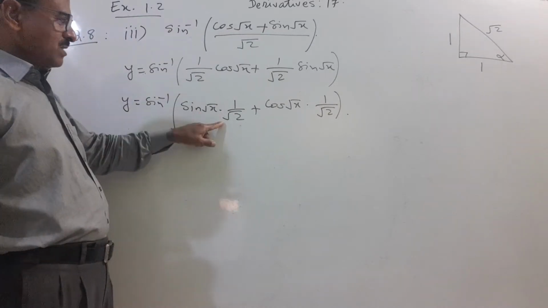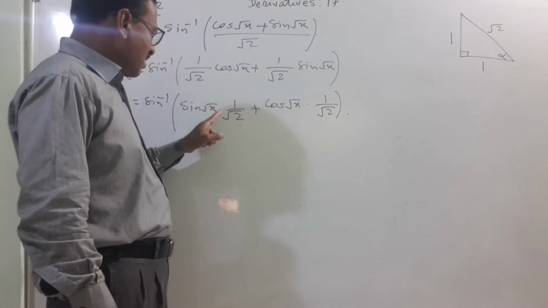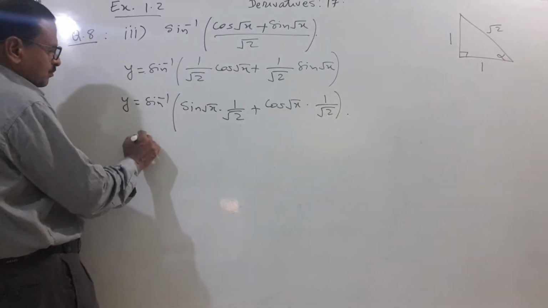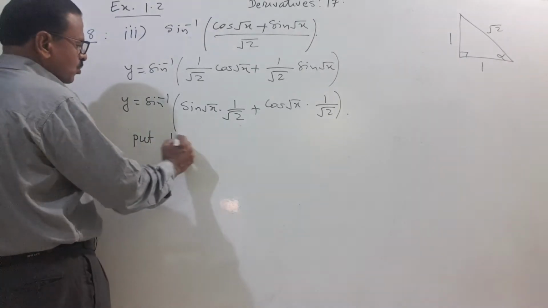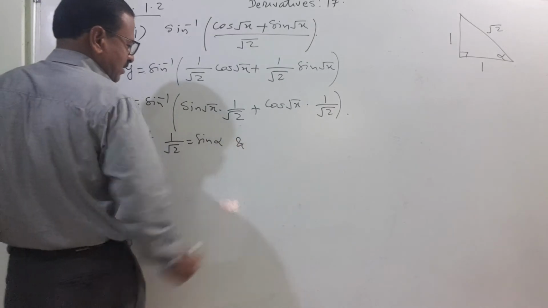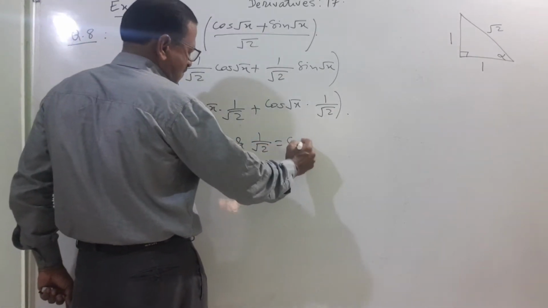Sine A cos B plus cos A sine B. That means this 1 upon root 2 I will put as sine alpha, and 1 upon root 2 as cos alpha.